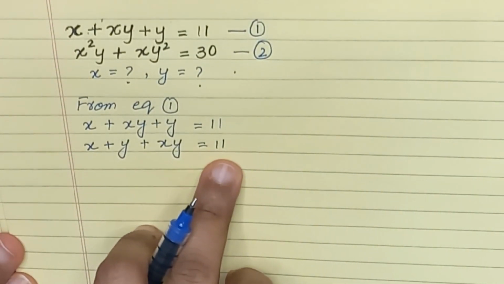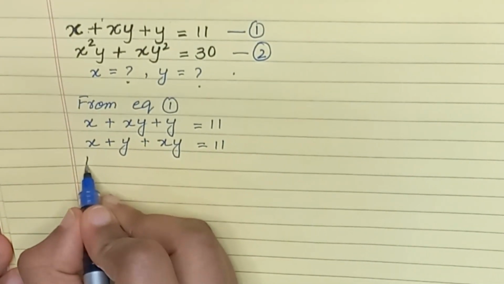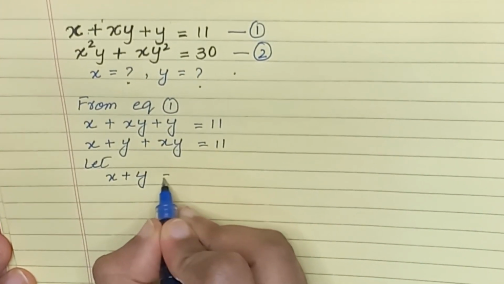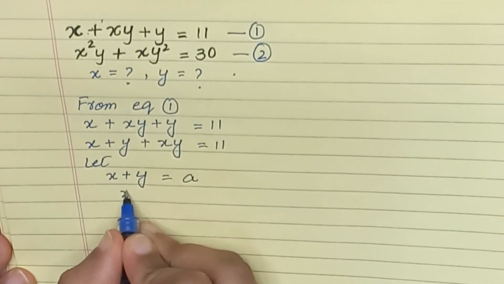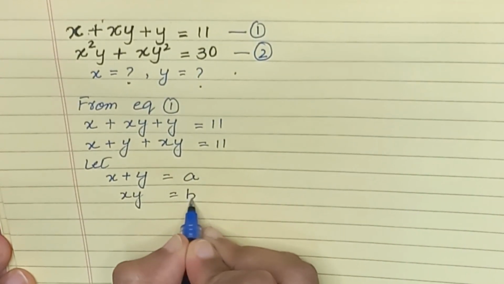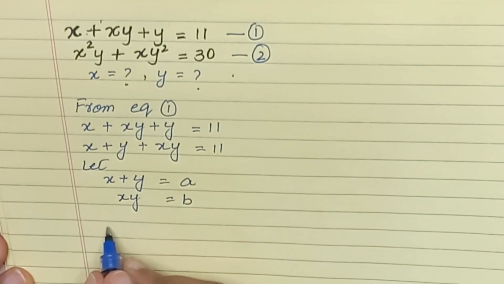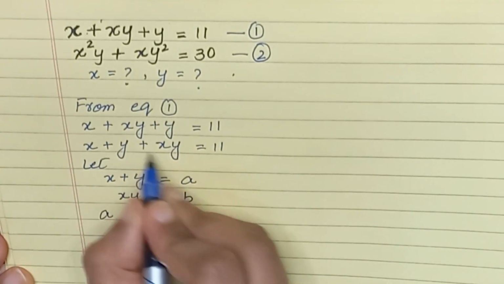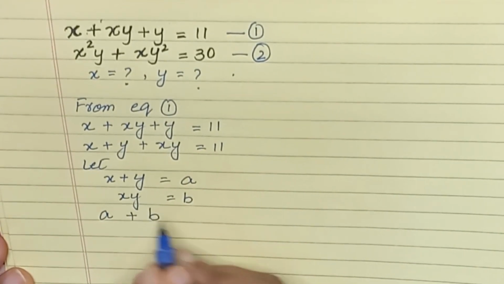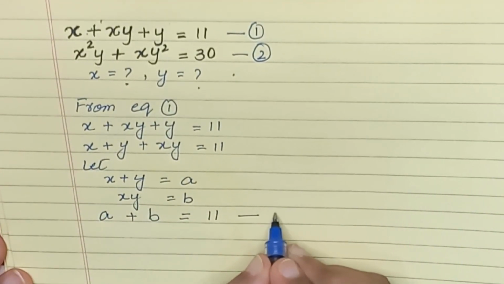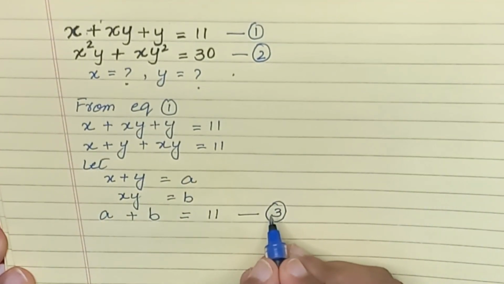Now after that, we will suppose that x plus y is equal to a and xy is equal to b. So the above equation will become a plus b is equal to 11. It is a new equation, so we will name it equation 3.